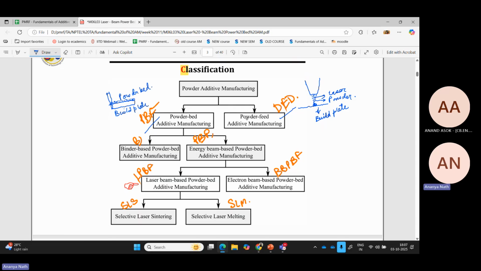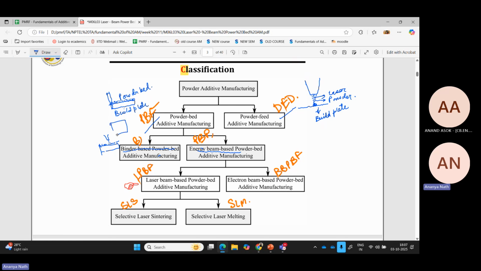So I have two processes, powder fed and powder bed. Then in powder bed, we have binder based powder bed and energy based powder bed. Binder based means that the powder that was spread onto the build plate is mixed with some binder, or the powder is spread and from the top, from the nozzle, the binder is coming.